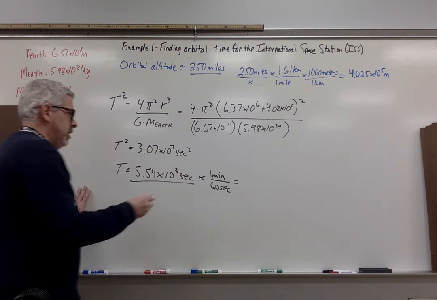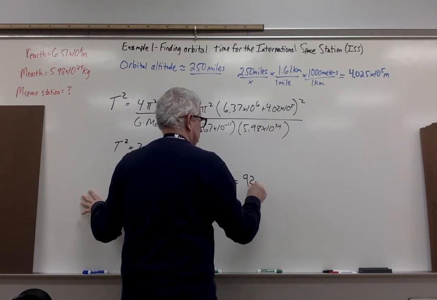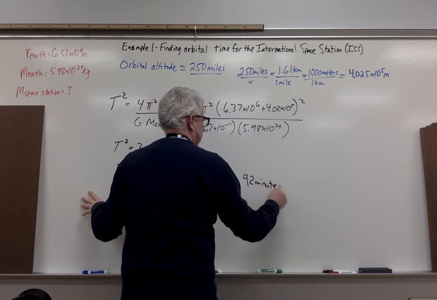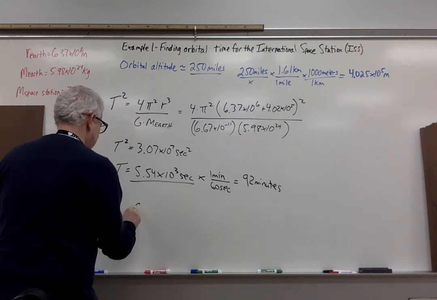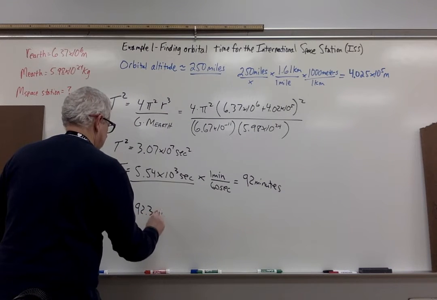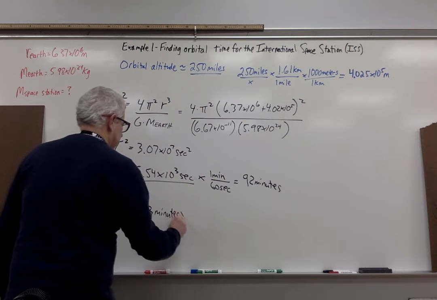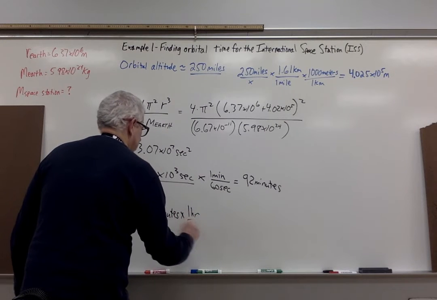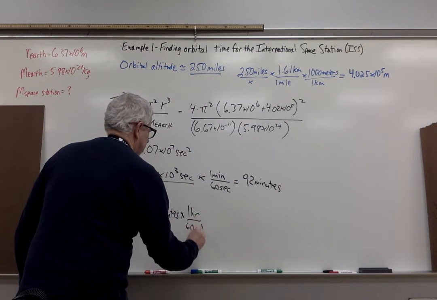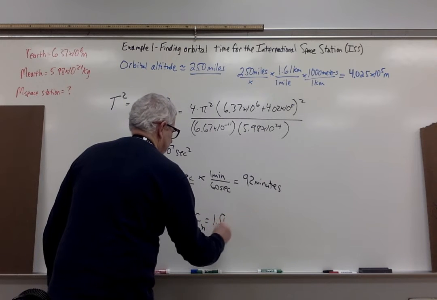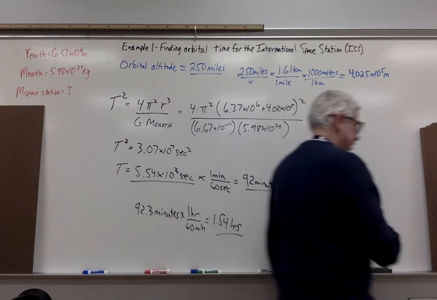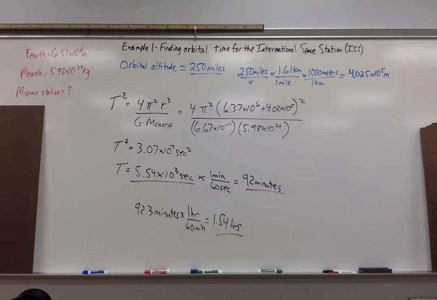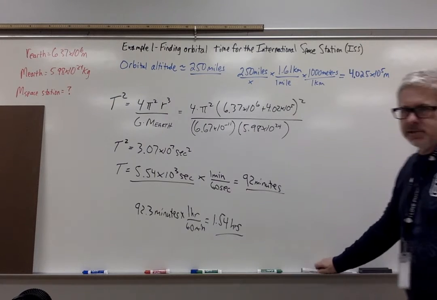It's around 92 minutes, 92.3 minutes. If I want to do that again to get hours, 1.54 hours. So that's a short amount of time, right? It's going very fast as it's close to the Earth. As you get further and further away, we're going to see that the orbital speed actually decreases.